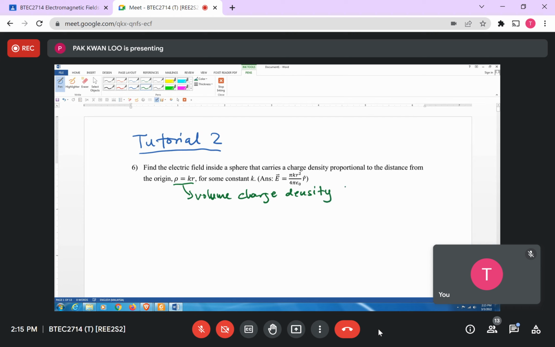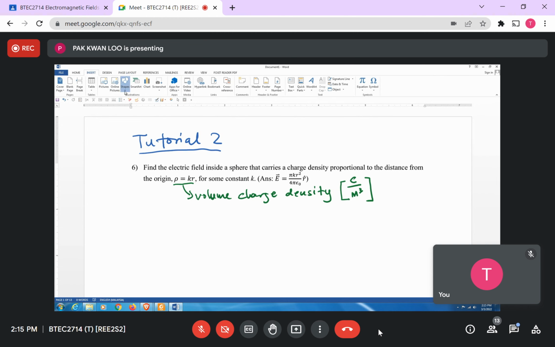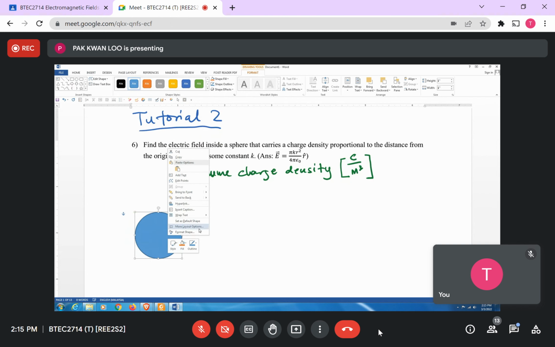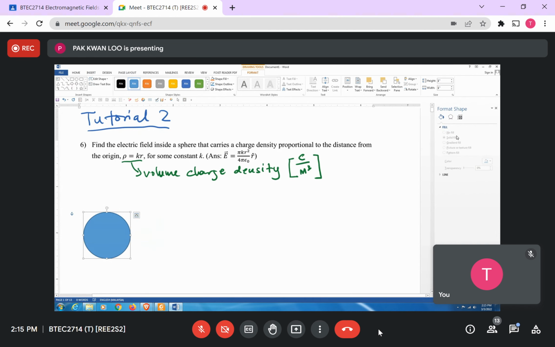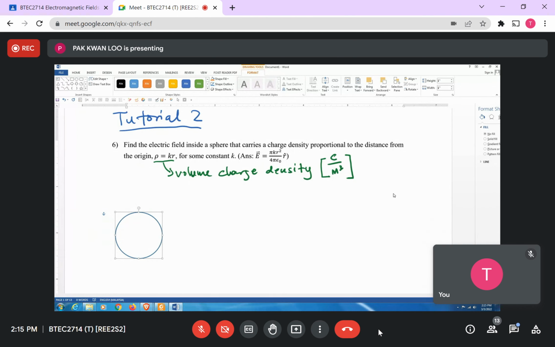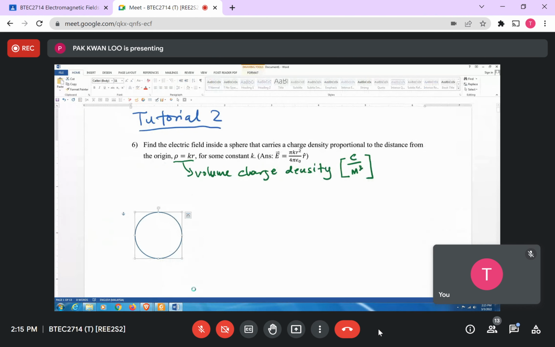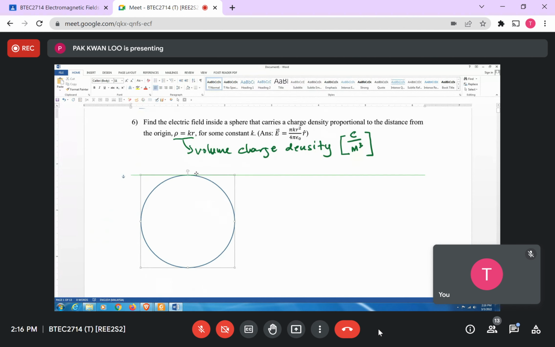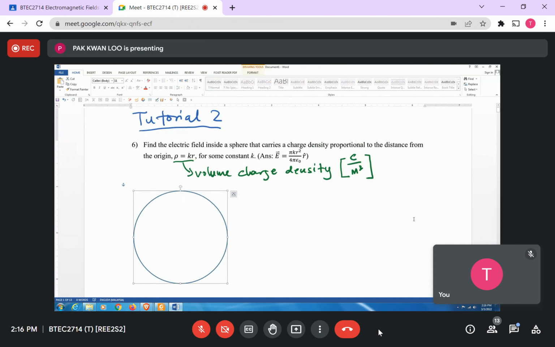Volume charge density means the dimension should be coulomb per meter cubed.